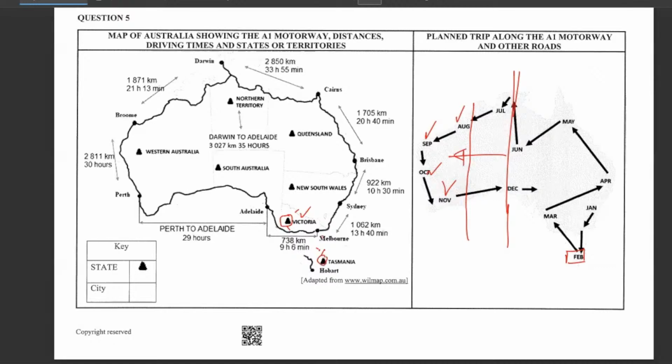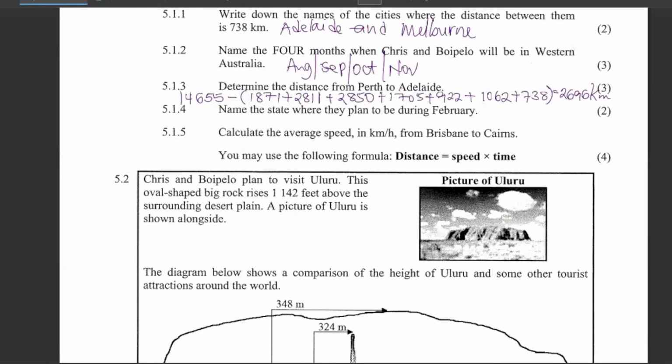This is not that clear, but you see, it forms a triangle here. We can say Victoria or someone who talks of Tasmania.